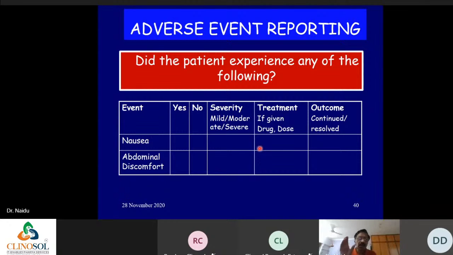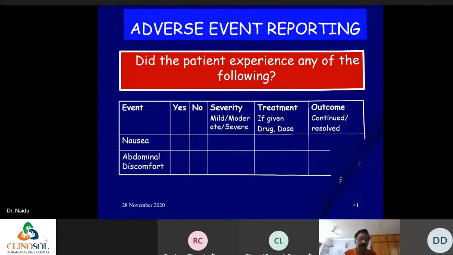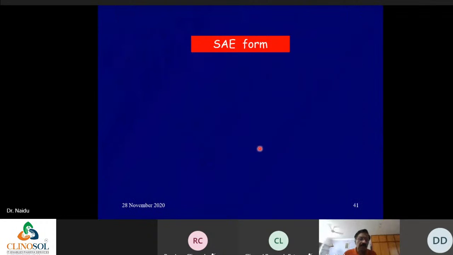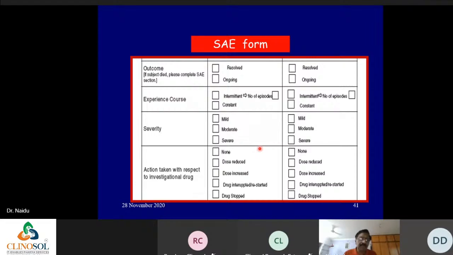This should be a very important adverse event reporting form, enclosed in every case record form. Then the serious adverse event form is very important, and there is a definite guideline and definite specimens are there.